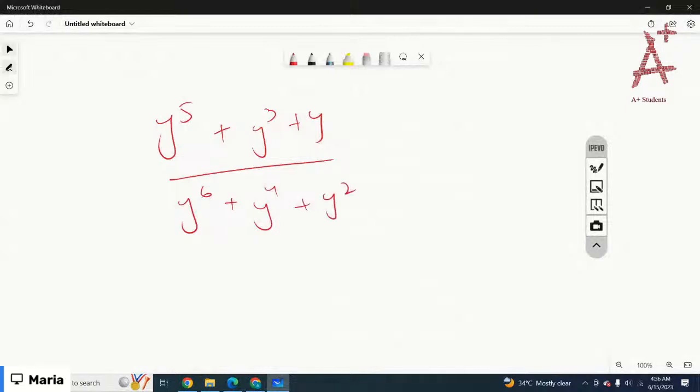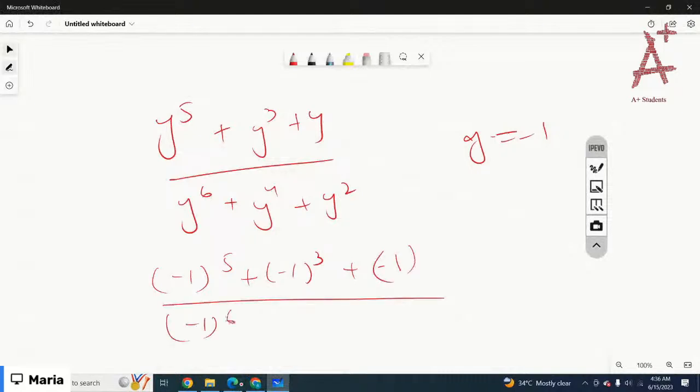Let me just write it down. Okay, and I think y has the value negative 1. Yes, y is given as negative 1. Okay, just replace all the y with the value: negative 1 exponent 5 plus negative 1 exponent 3 plus negative 1, divided by negative 1 exponent 6 plus negative 1 exponent 4 plus negative 1 exponent 2.